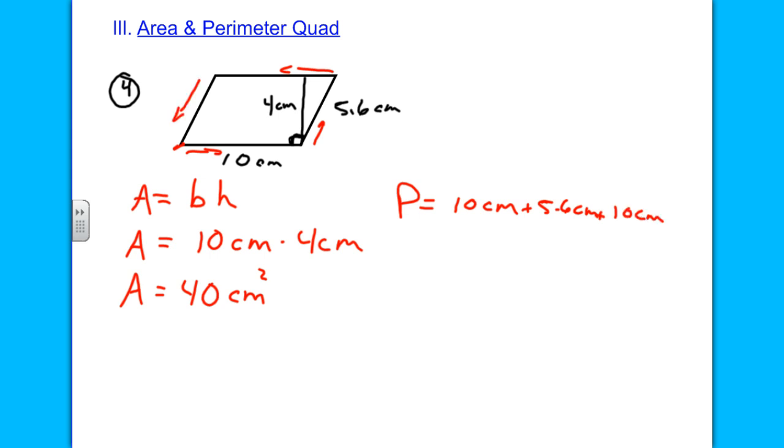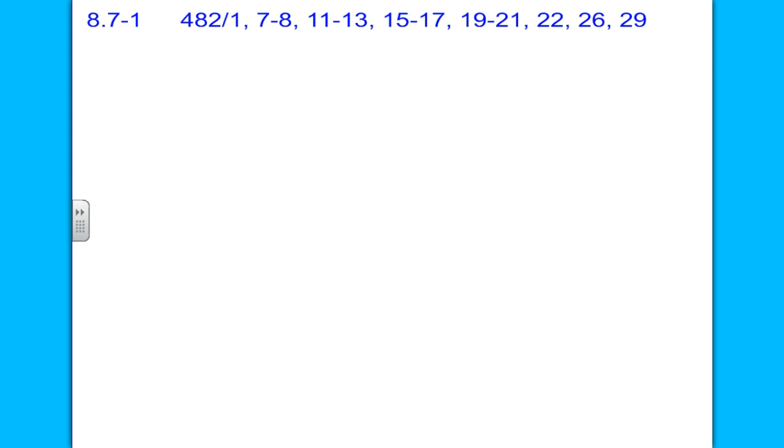And back down, which is another 5.6. Okay, when we add this together, we have 15.6 centimeters plus another 15.6 centimeters. So it looks like we have 31.2 centimeters as a walk around, as a perimeter of the figure.